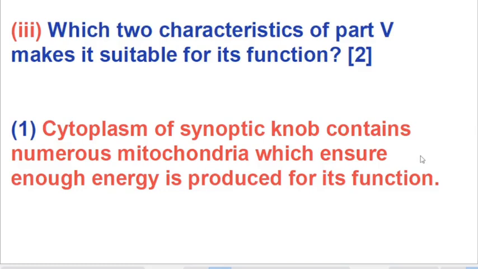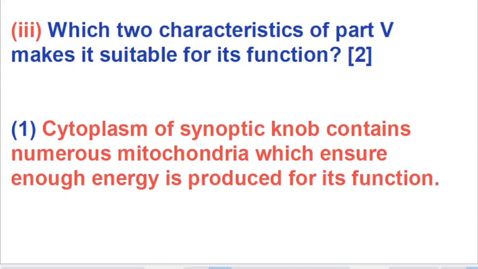And our second characteristic is that the synapse contains on its vesicles a chemical called a neurotransmitter, which is responsible for the transmission of the nerve impulse across a synapse. A synapse is just a structure that permits a neuron to pass an electrical impulse or a chemical signal to another neuron or a cell.